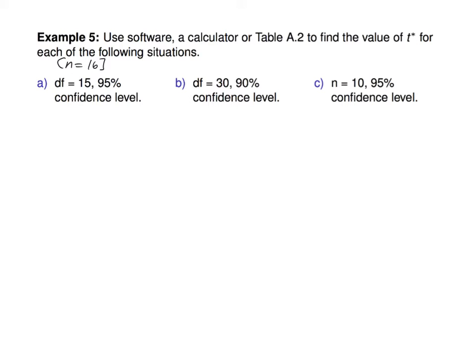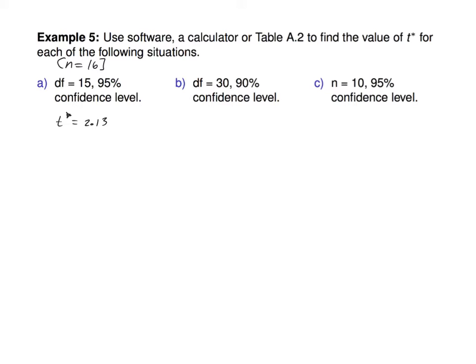So look at 15, and go over until you see 95% confidence, and that's your multiplier, 2.13. So t star is 2.13.